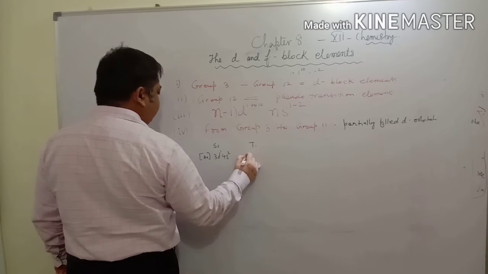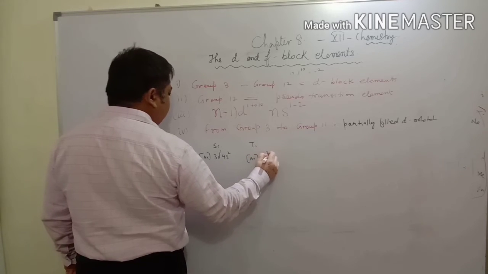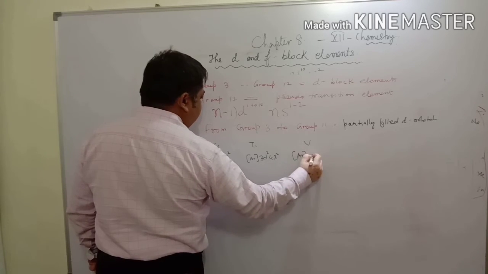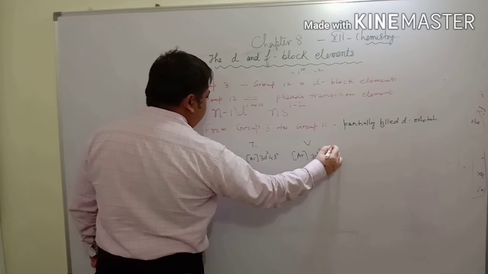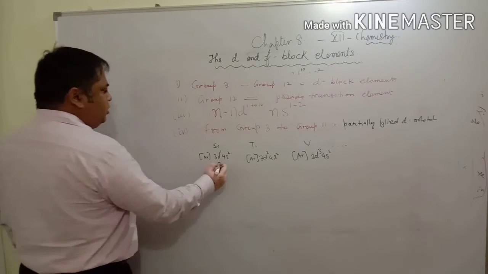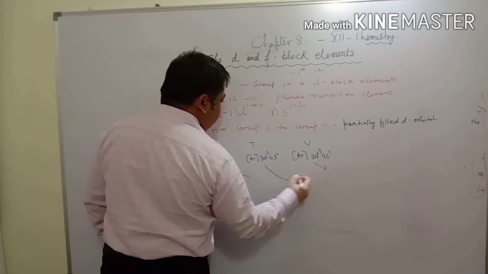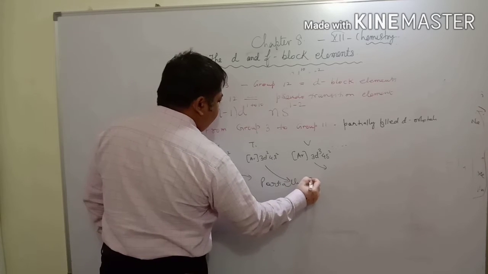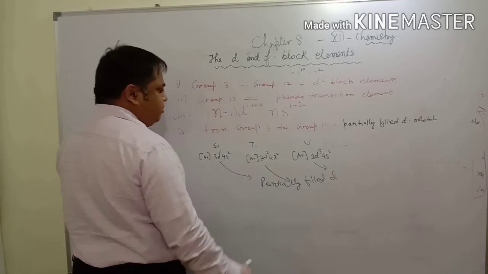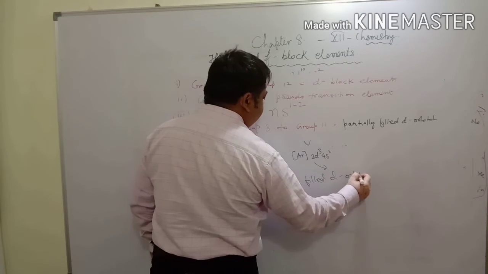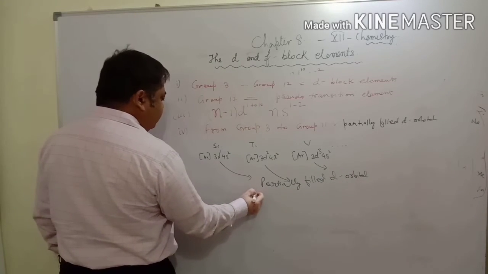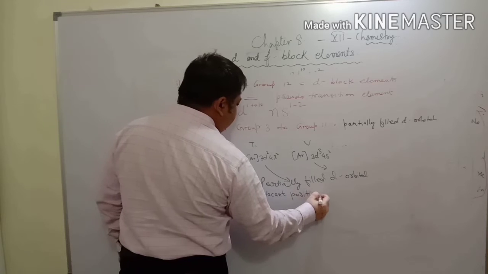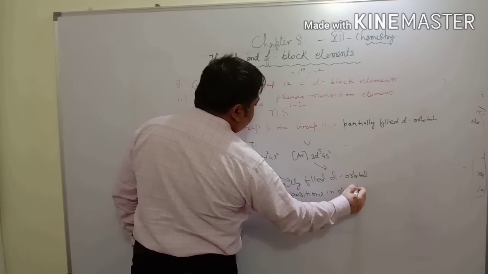In case of titanium, argon 3d2 4s2. In case of vanadium, argon 3d3 4s2 and so on. So these all give a partially filled d orbital system. This means there are vacant positions in d orbitals.